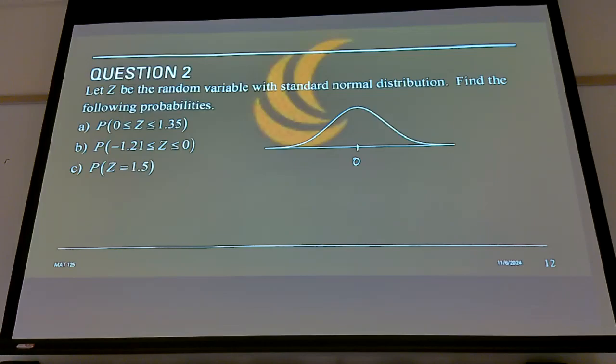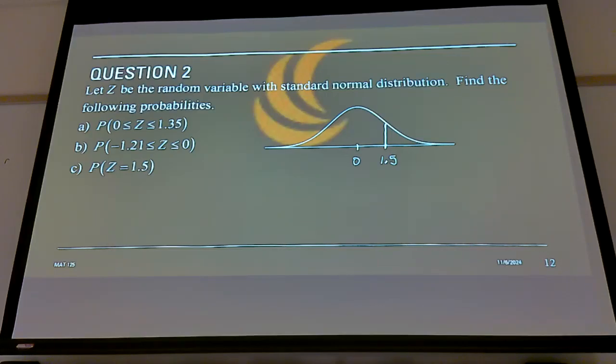Now we're looking for the probability that z equals 1.5. There's 1.5. What area are you looking for? Look for the chart, for 1.5. Well, that gives you the area to the left of 1.5.